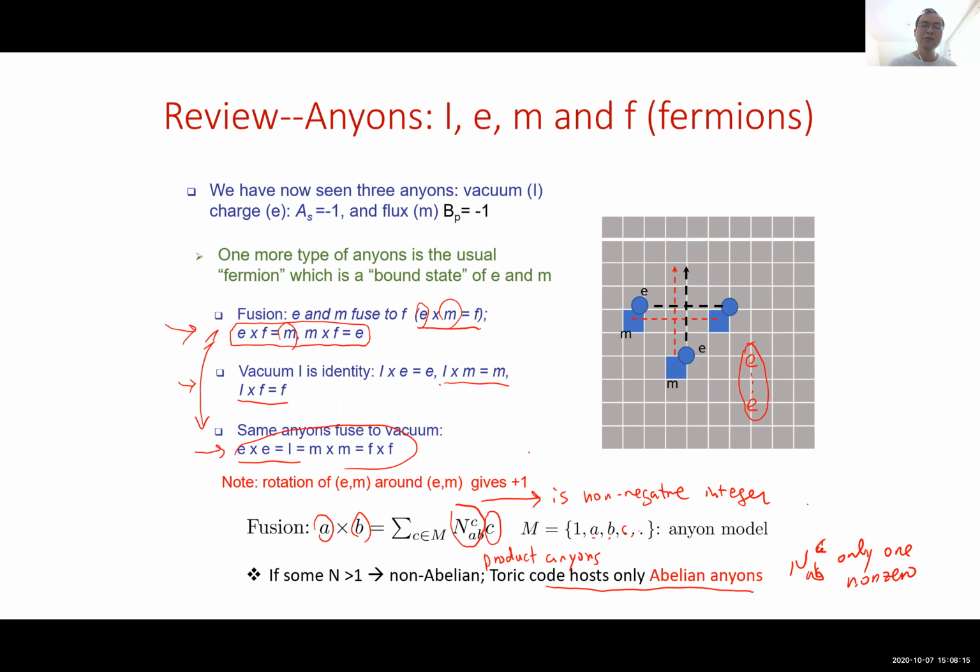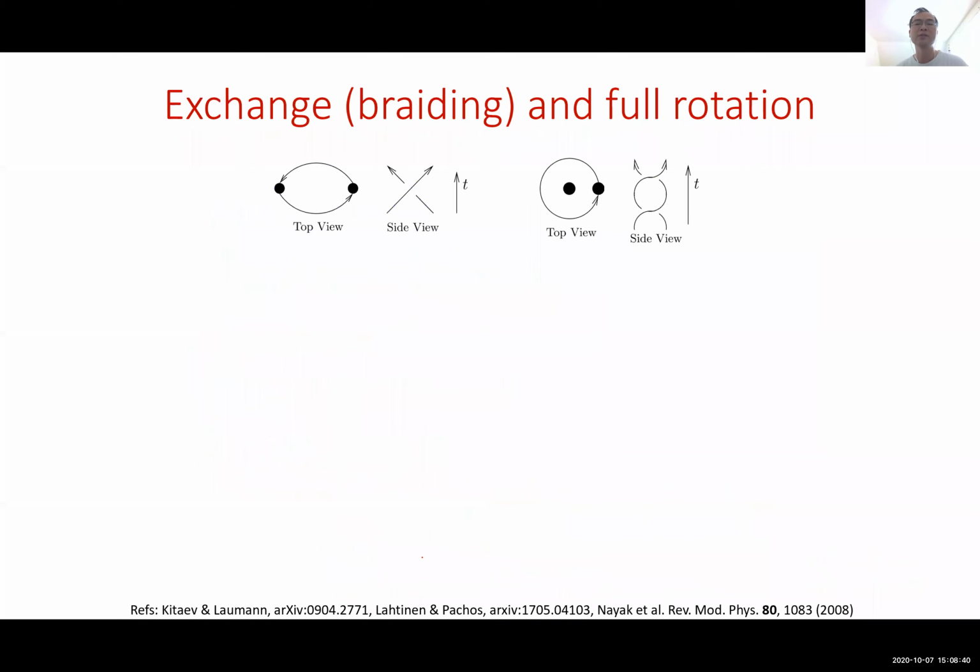Meaning that you take two of the anyons, you always fuse to another anyon. This is called abelian. So these types of anyons are abelian. If you can fuse to more than one, meaning the right-hand side has more combinations than just one, then these are called non-abelian anyons. Okay, this is just a notation and definition.